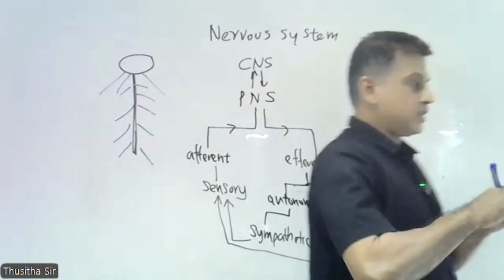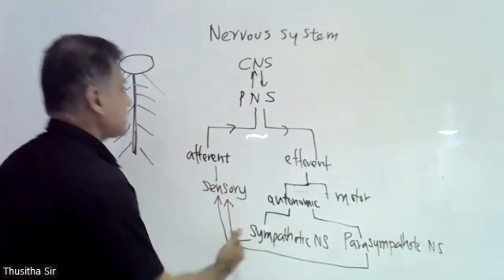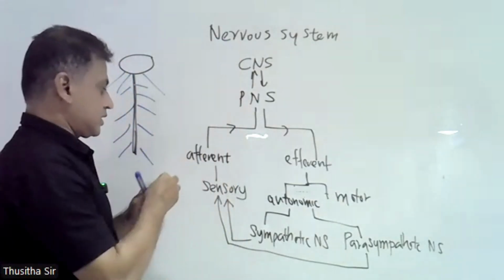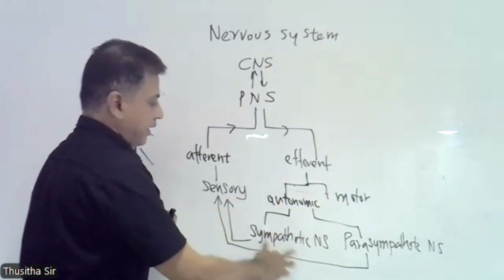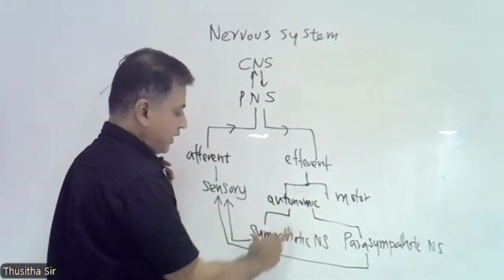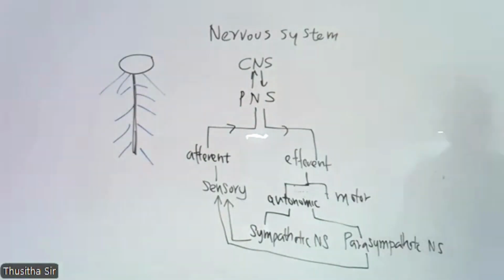So this is the basic organization of the nervous system, and one is going in this direction and one is coming out, and that's motor and autonomic. And autonomic has sympathetic and parasympathetic nervous system.